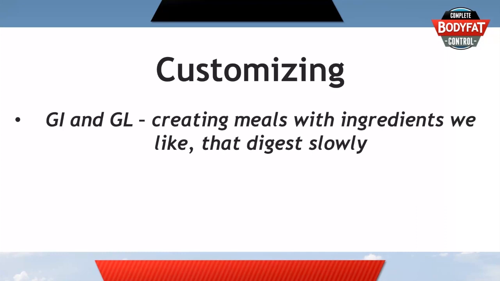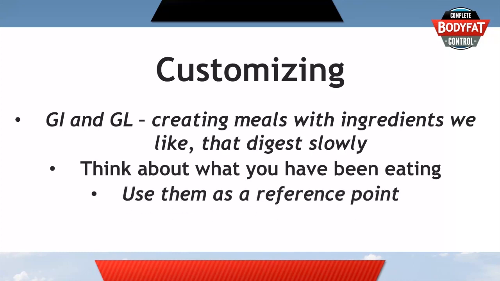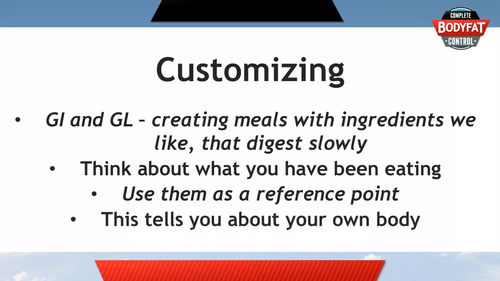So when we're doing that, it's a good idea to think through the meals that we have been eating and think about them as a bit of a reference point, because that really is the best indicator of how your body in particular actually works in terms of carbohydrates, how much energy it needs, and what it likes and prefers to do with fat storage and fat burning.